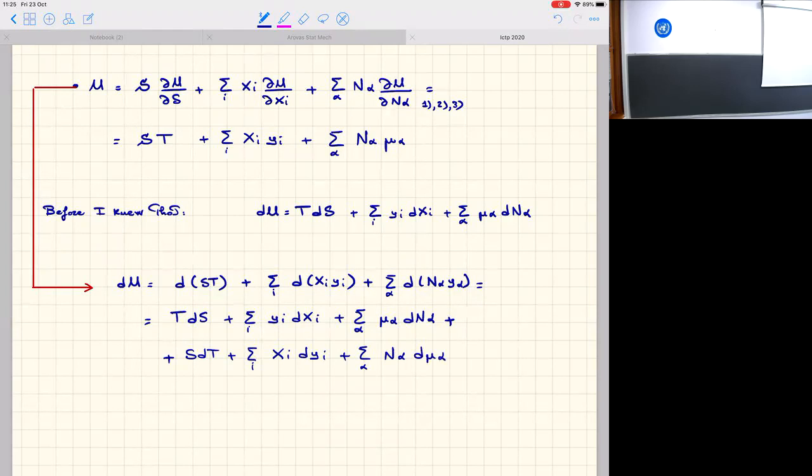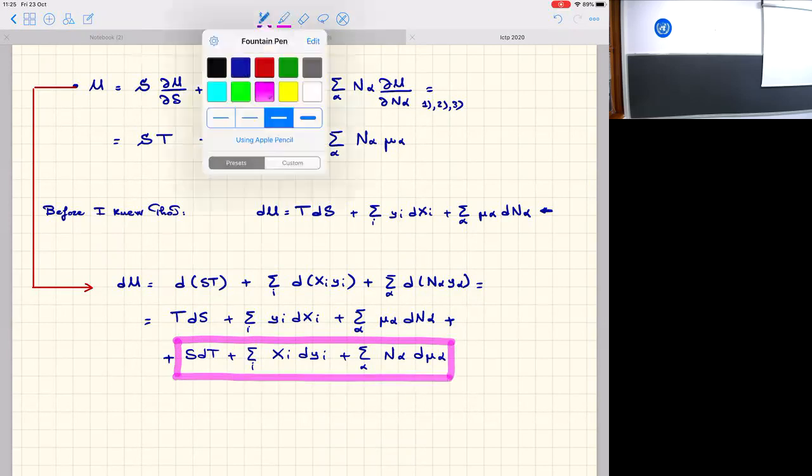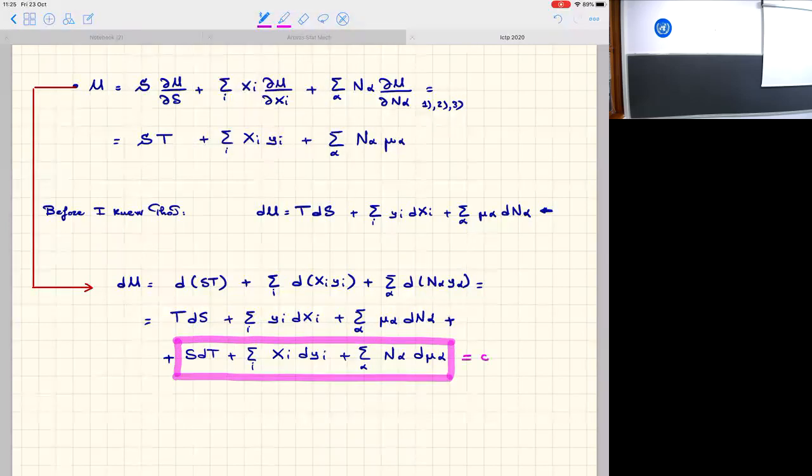But now, from this, I know that these two are equal, which implies that this object here has to be equal to 0, right?